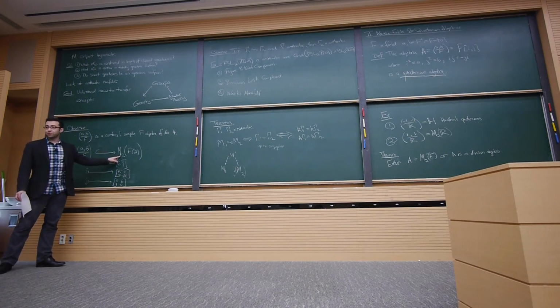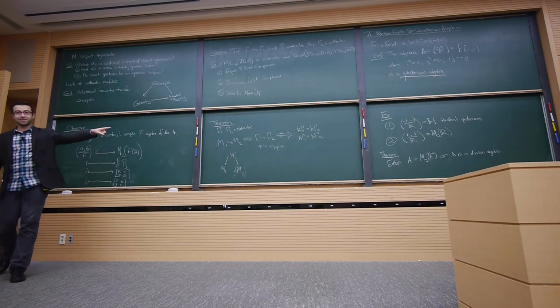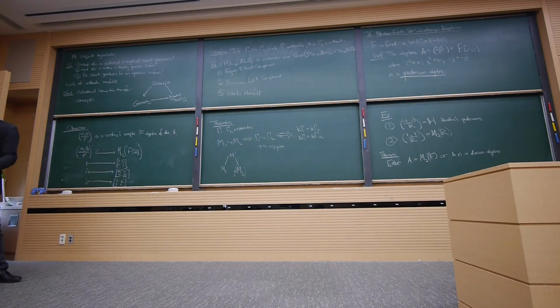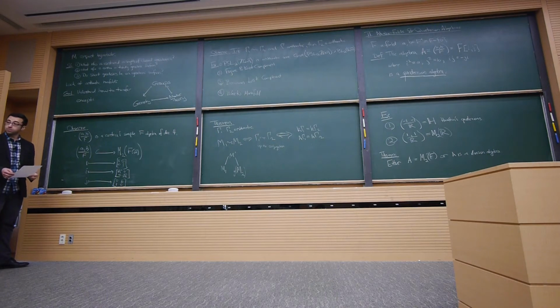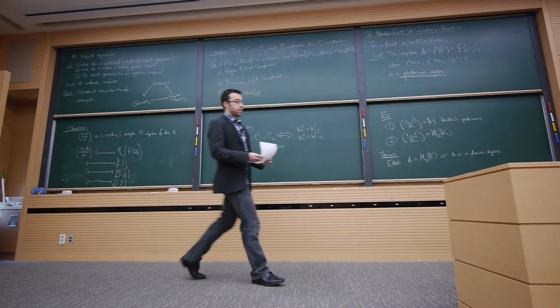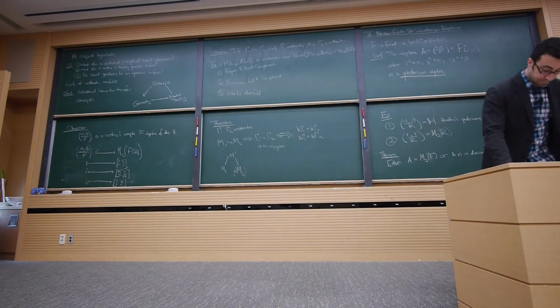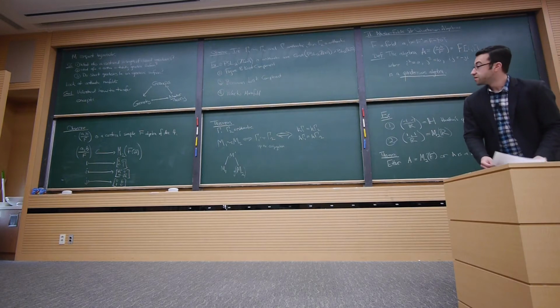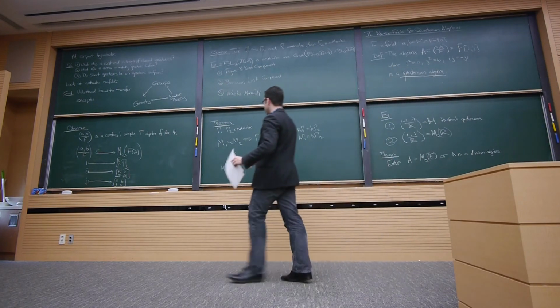And then, that's sort of what we see, like Hamilton's quaternions sit inside of 2x2 matrices with complex entries. Okay. So this is some basic stuff about quaternion algebras.